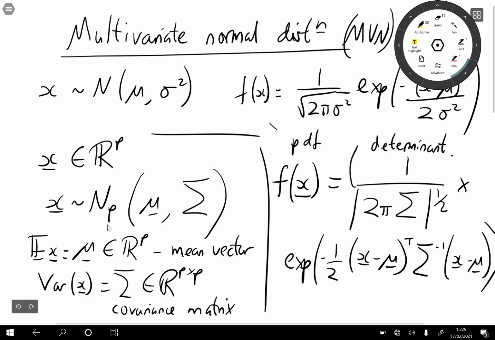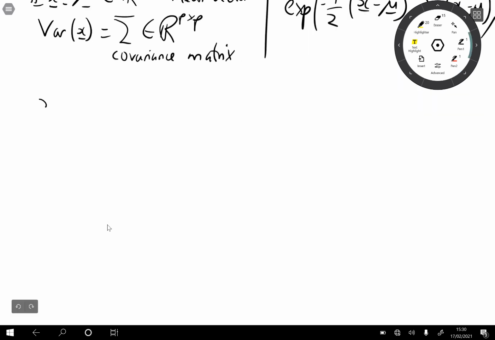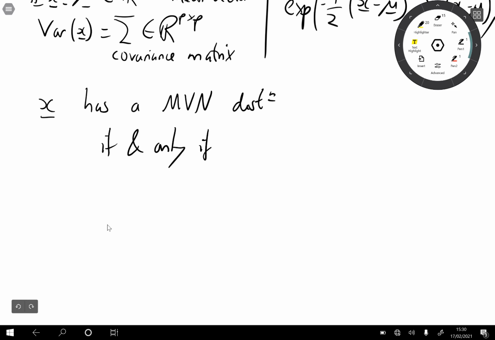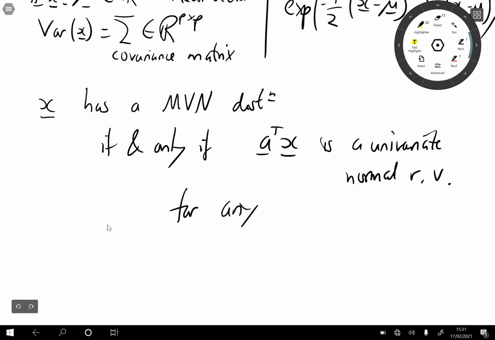Just note, again, that just like in the univariate case, the multivariate normal is completely determined by its mean vector and its covariance matrix, Sigma. We say that x has a multivariate normal distribution, which I'm going to abbreviate to MVN, if and only if A transposed x is a univariate normal random variable for any constant vector A in R^p.